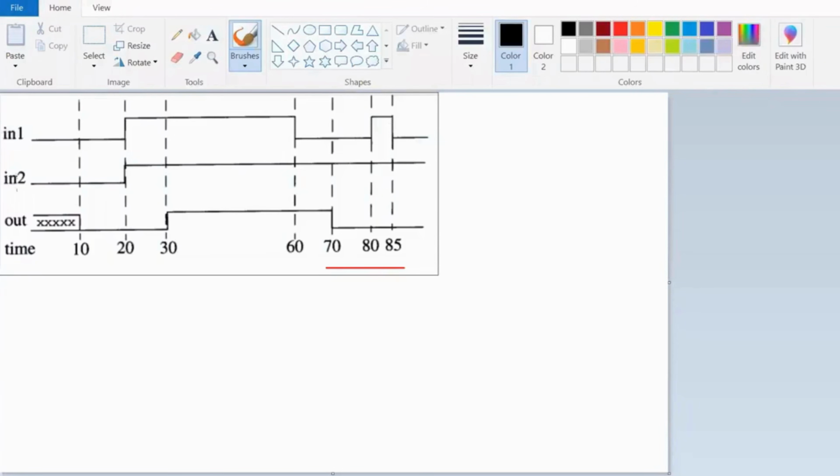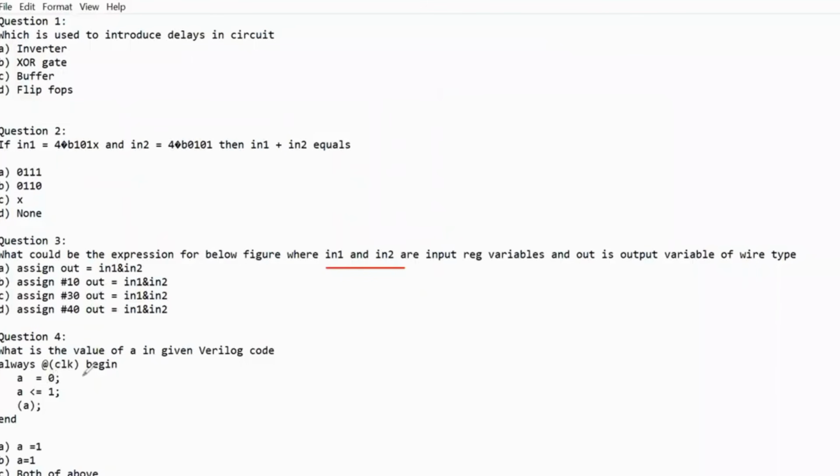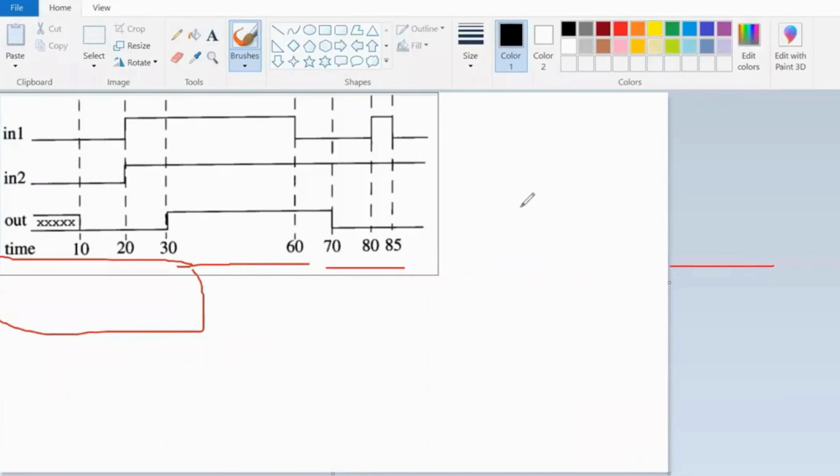Here input 1 has some waveform, input 2 has some waveform, and the output is also given. What are they asking here? Which option is correct according to the waveform?